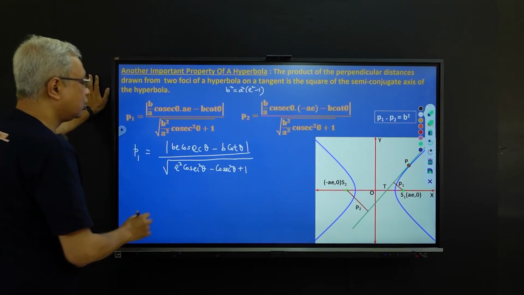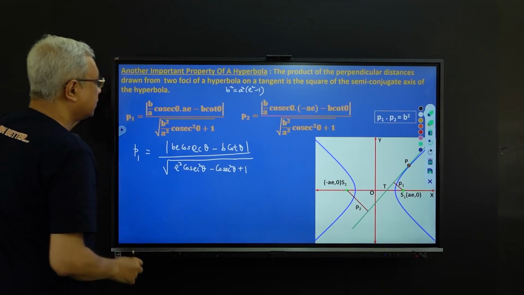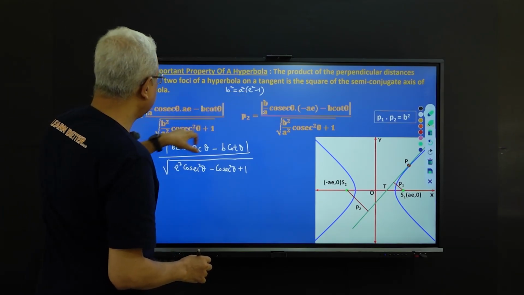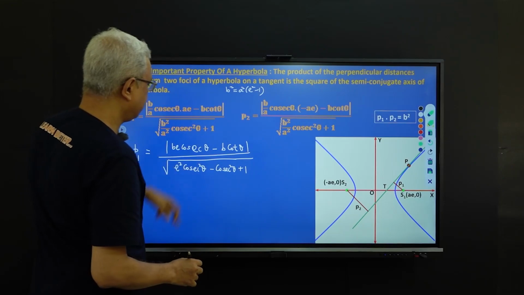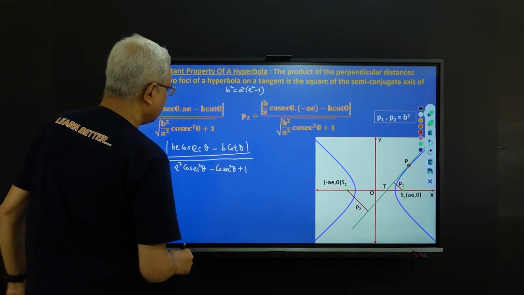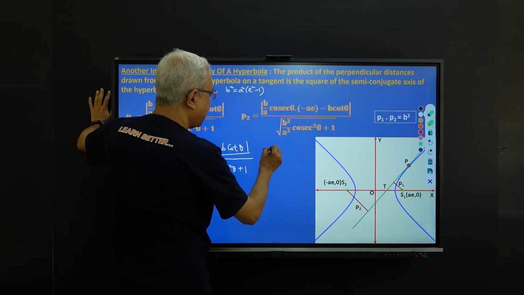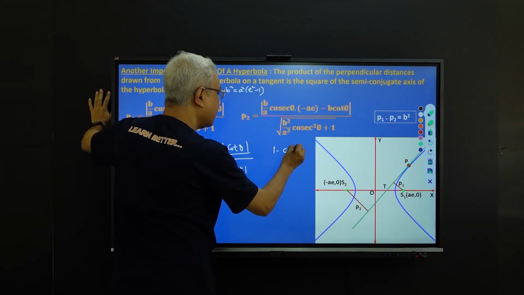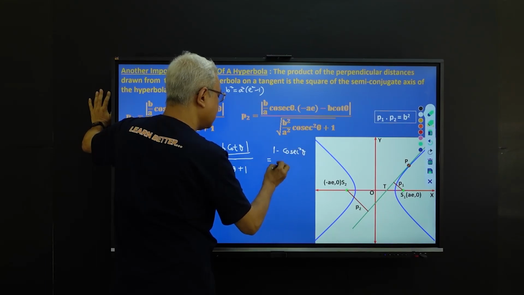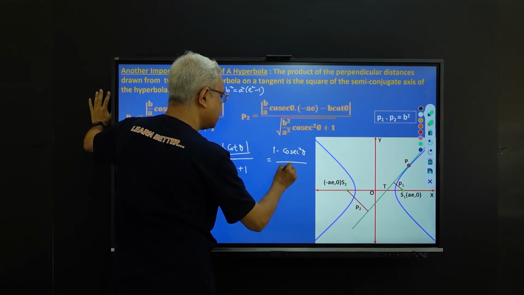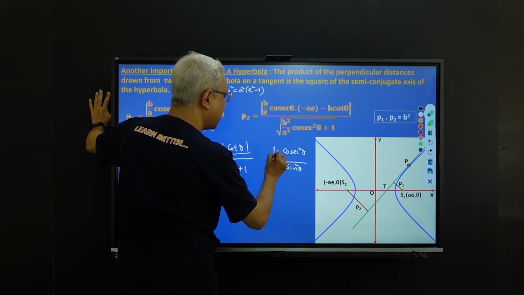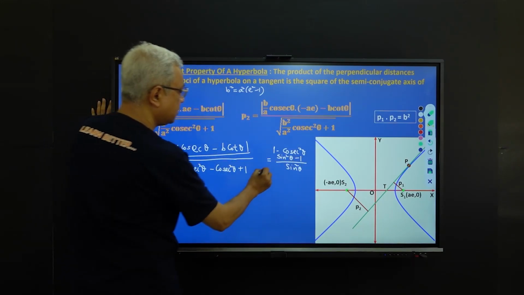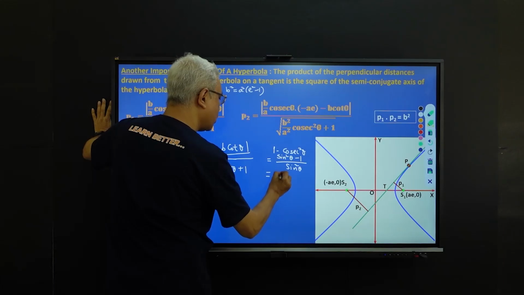Okay. So here it is how much? b square by a square is e square minus 1 cosec square theta plus 1. So what is that? I know 1 minus cosec square theta is how much? Actually it is sine square theta minus 1. I can write it like this. So it is actually minus cot square theta.